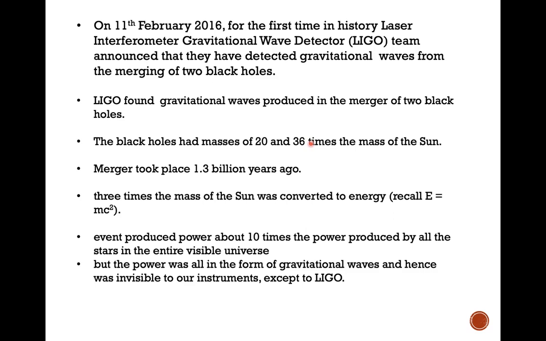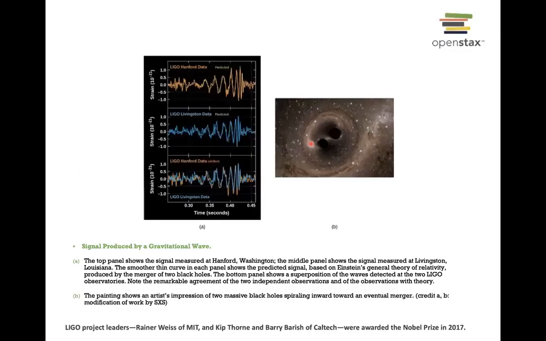It's that much power. But the power was all in the form of gravitational waves. So that is the problem, right? It has huge power, but it is in the form of gravitational waves. Because of that, it is invisible to our instruments, except to this LIGO instrument, the laser gravitational wave observatory, right? And here are the results of that particular experiment.